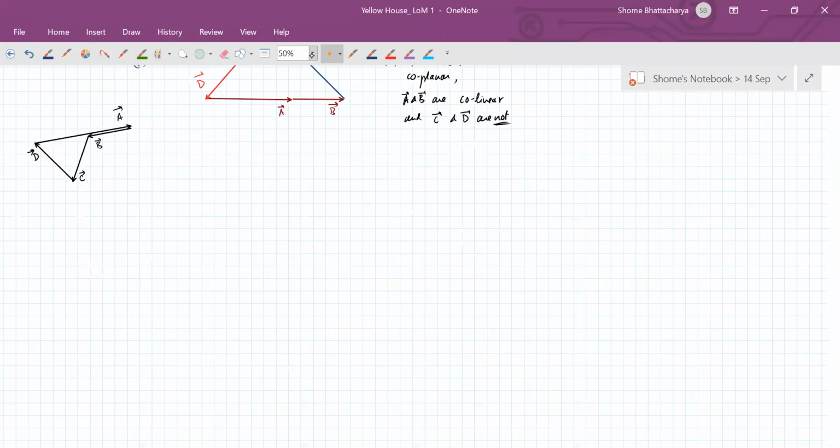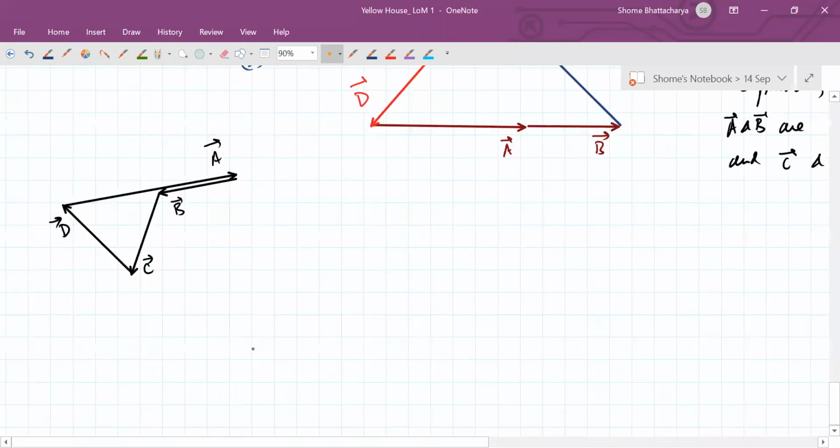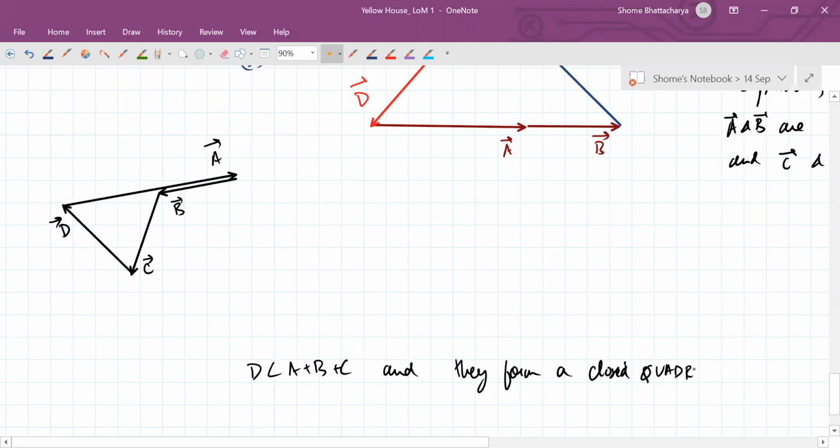Now the next thing, D is less than the sum of E plus B plus C, and they form a closed quadrilateral.